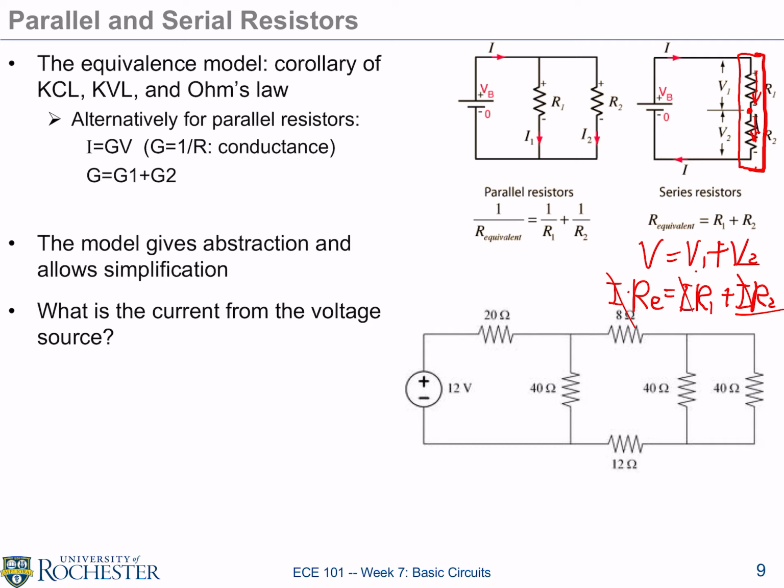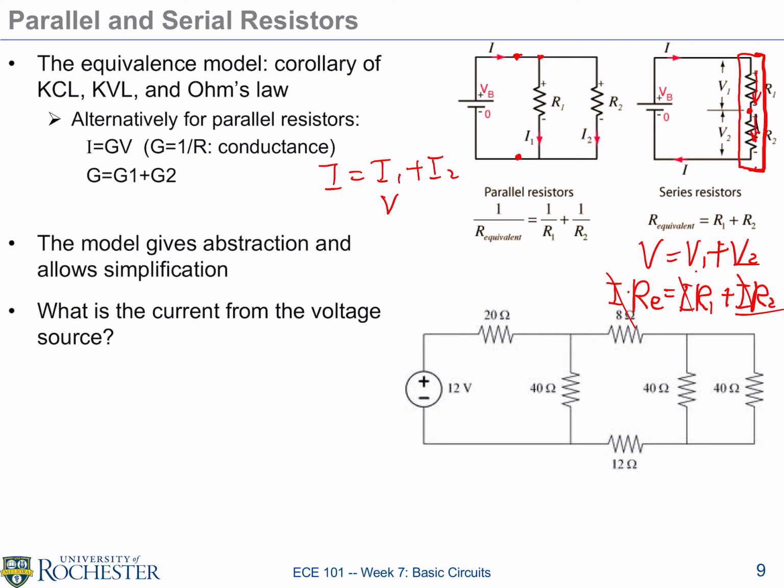Similarly, why do we have the parallel resistor that is 1 over R1 added to 1 over R2? That's the parallel equivalence. That's because V is the same over here. So the I at this node is I1 plus I2. And again, applying Ohm's law, what is I1?